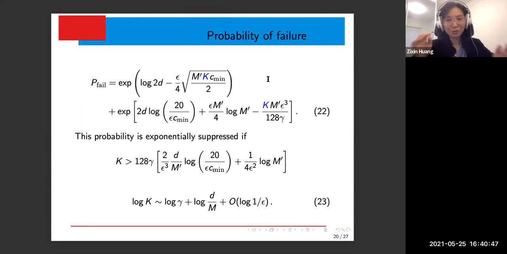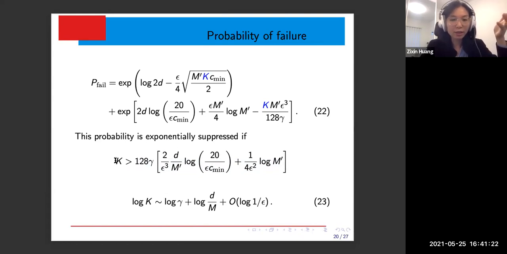Okay, so we can talk about the probability of failure of the protocol. This is all very nice and complicated, but the only thing I want you to look at is that you have the secret key log k, and everything sits inside an exponential, and we can make this go to 0 very, very fast if we choose k to be larger than this quantity over here, which is simple algebra.